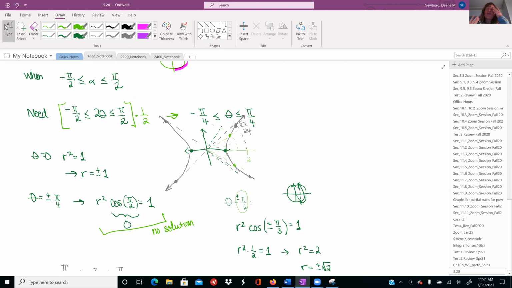So if you're not totally sure what this graph is supposed to look like, just pick values of theta to plug in and say, okay, if I go along that ray, I should be out 5 units or 2 units or something. And then that might just help you say, okay, well, that point isn't there, so it can't be this graph.